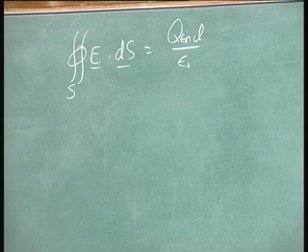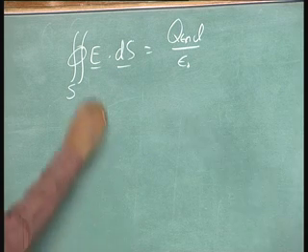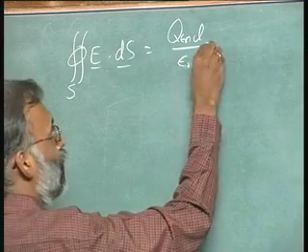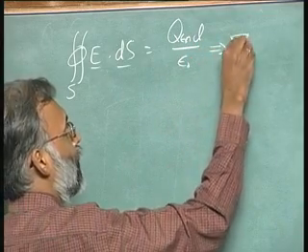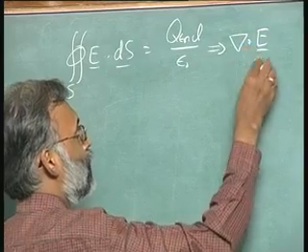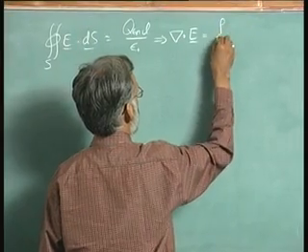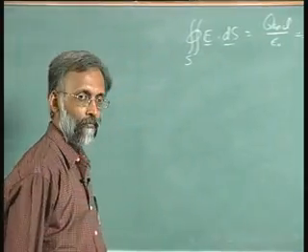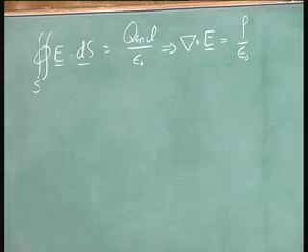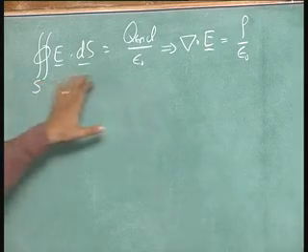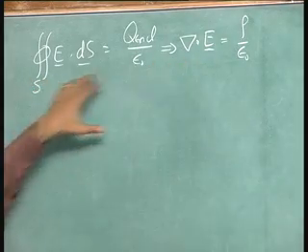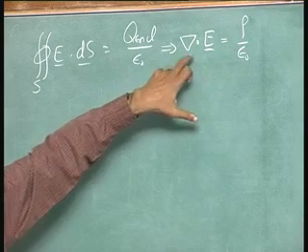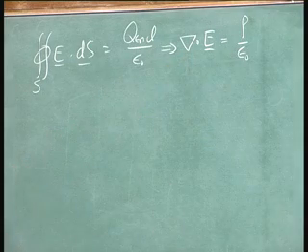Now, I would like to go back to the previous formula I had derived, the divergence of electric field is equal to rho over epsilon naught. It is the same equation; since this is true for arbitrary surfaces, it must hold that this equation is also true.